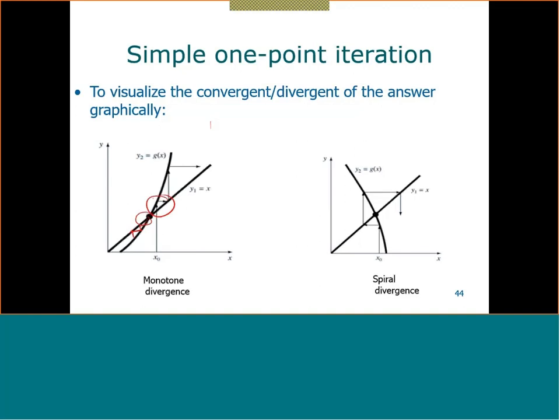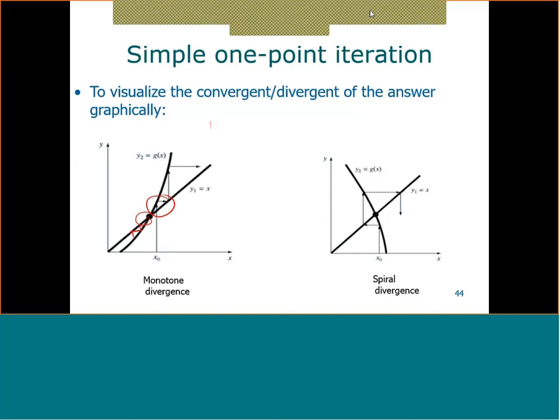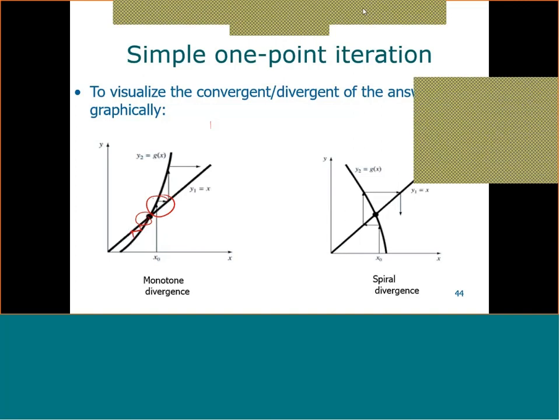Simple fixed point iteration stops working because if your derivative is more than 1, then you will not converge. Your answer will diverge. I will stop here.